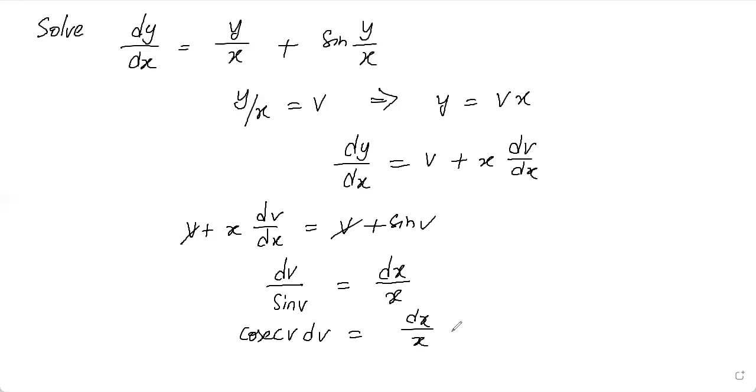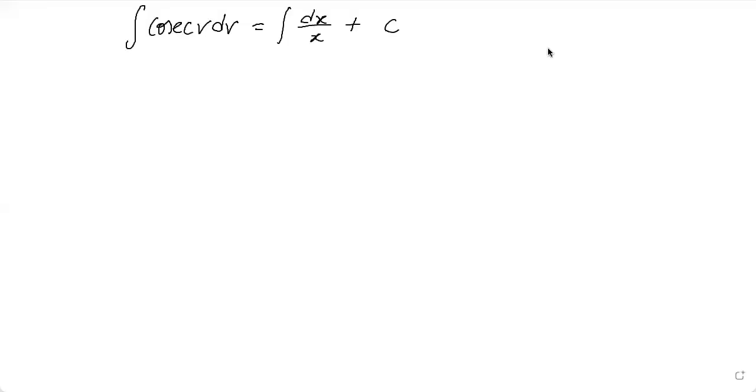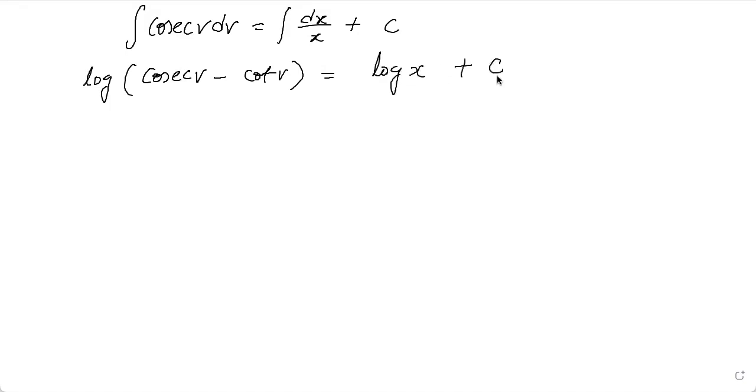Now let us integrate this. It is log of cosecant v minus cot v, and the integration of 1 by x will be log x, and this is constant.